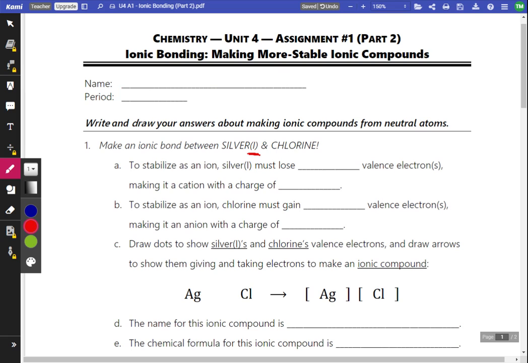But in this case, this Roman numeral 1 means that silver is going to give up 1 electron for every atom of silver that's involved. So it's going to give up 1 valence electron. Okay, since electrons are negatively charged, we can figure that means it should have a positive 1 charge.